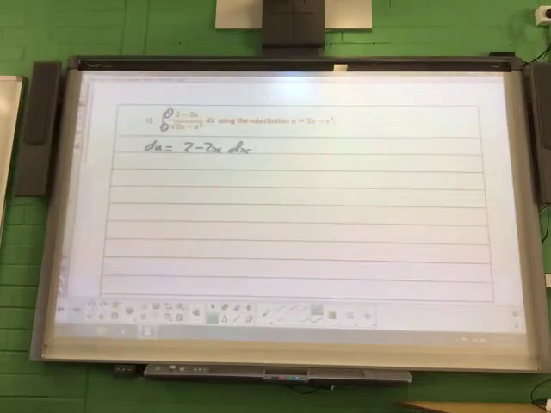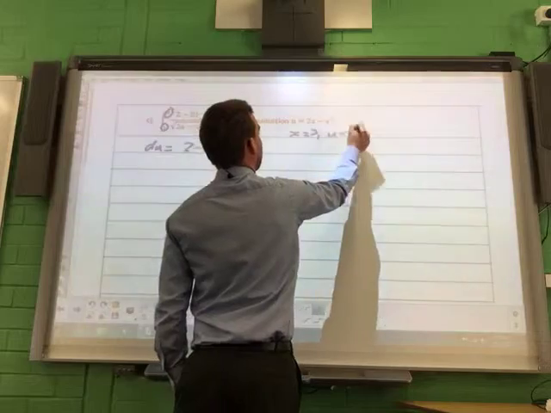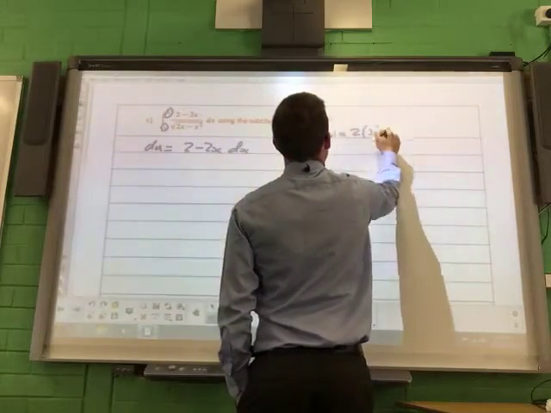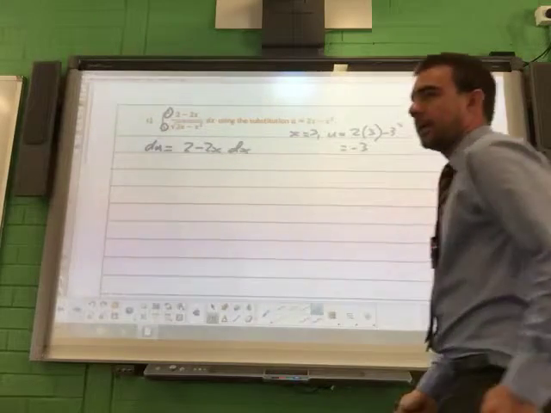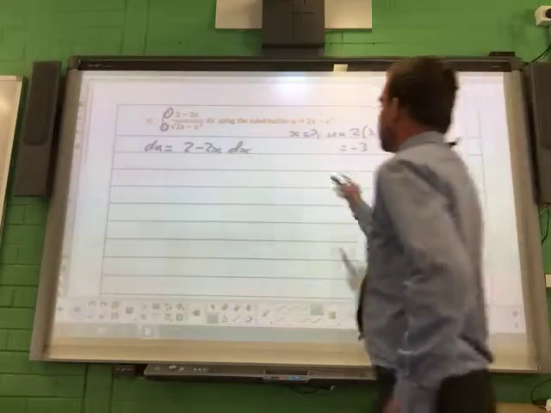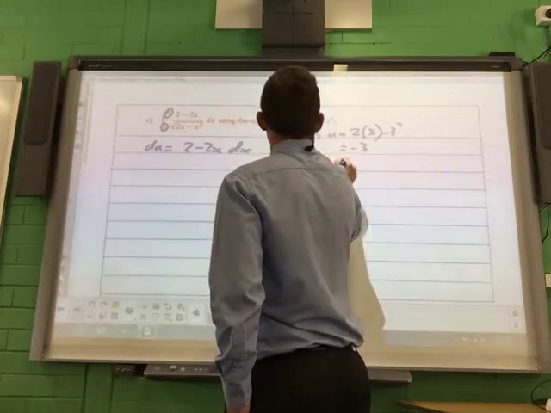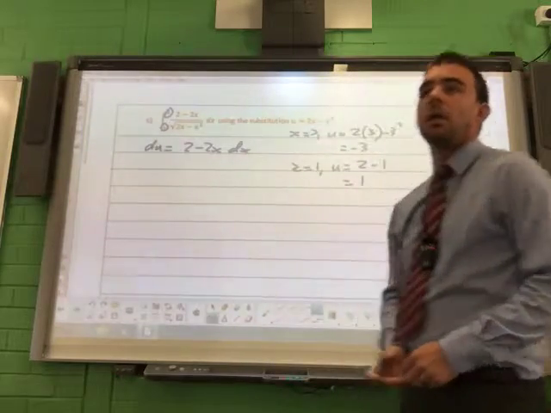So when x is 3, u is going to be 2 lots of 3, take away 3 squared: 6 take away 9, negative 3. And when x is 1, u is going to be 2 take away 1, which is 1.